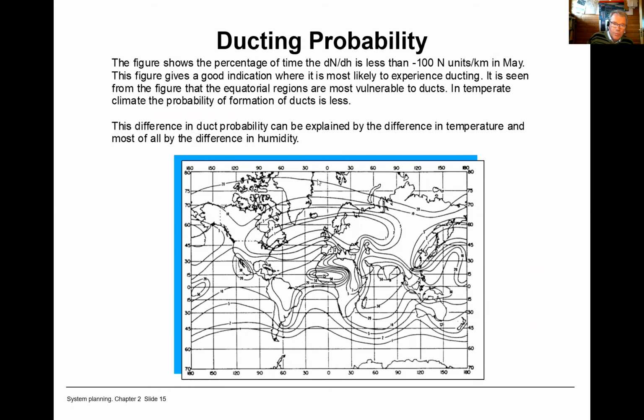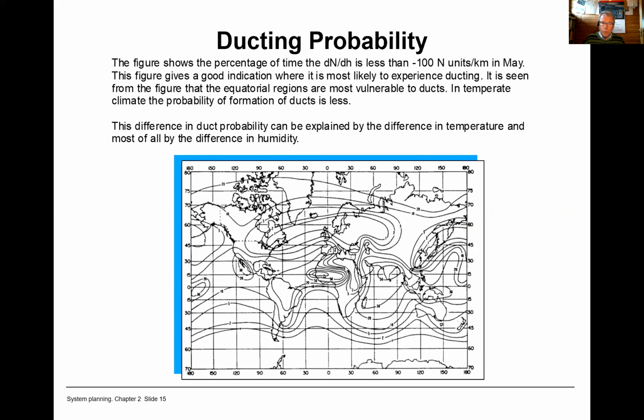Here you see a map of ducting probability, and it shows the percentage of time where dN/dh is less than minus 100 N units per kilometer in May. You also have some charts from other periods, but this is for May. And here you see that the probability of having large dN/dh values is close to the equator.